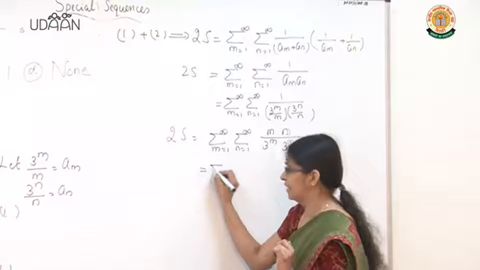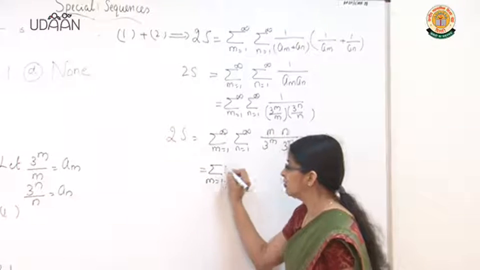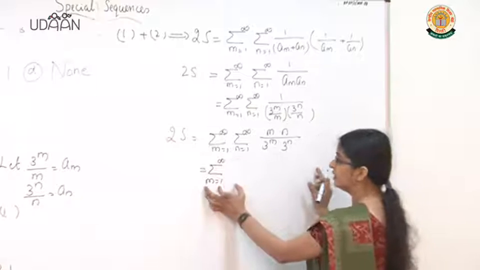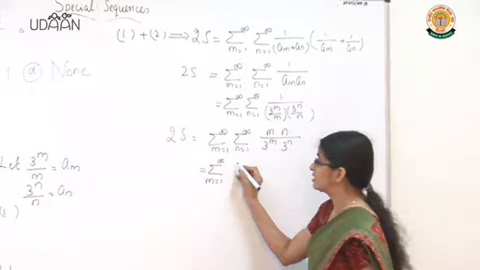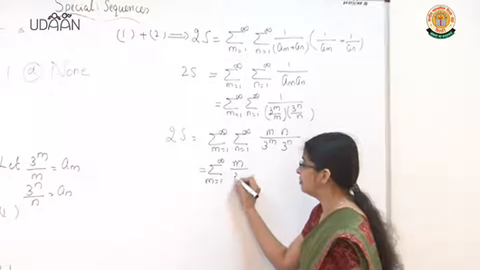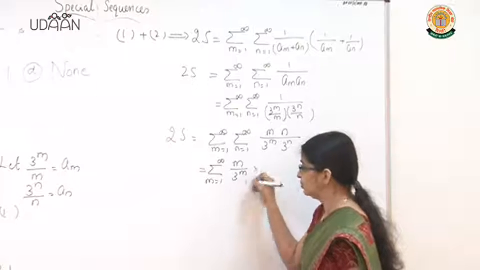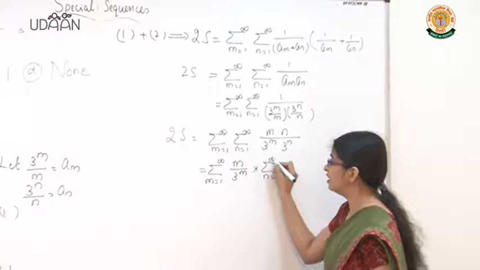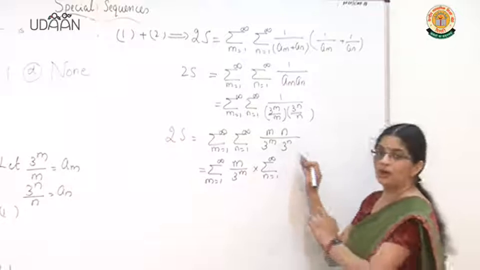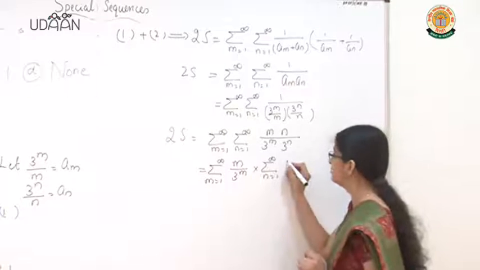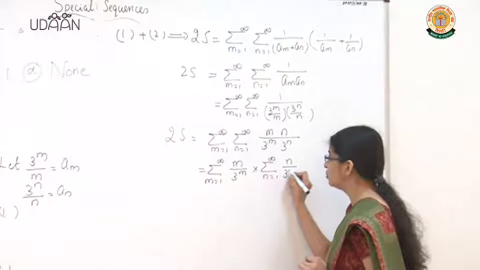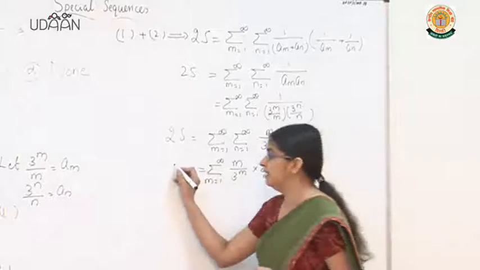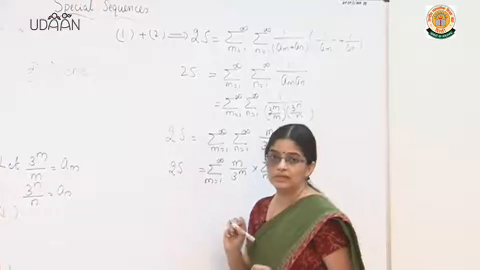We can write it as sigma m equal to 1 to infinity, collecting only the m terms, m divided by 3 power m, into the next sigma n equal to 1 to infinity, collecting all the terms in n, n divided by 3 power n, which is the value of 2S.